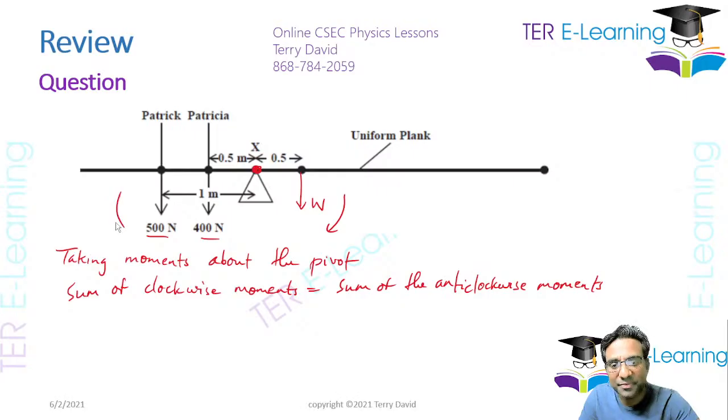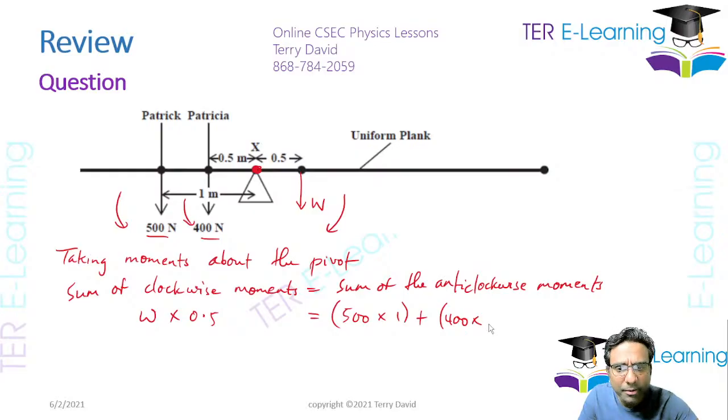It also means that the 500 is anti-clockwise, and the 400 is anti-clockwise. So my only clockwise moment is W multiplied by 0.5, that's my distance from my fulcrum, which is equal to my anti-clockwise moments: 500 multiplied by 1 meter, plus the 400 multiplied by 0.5.